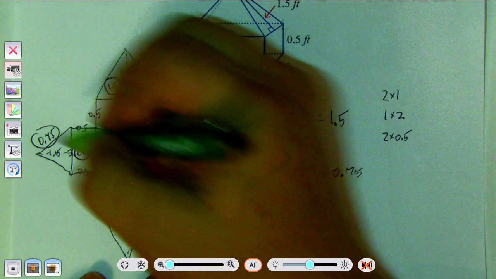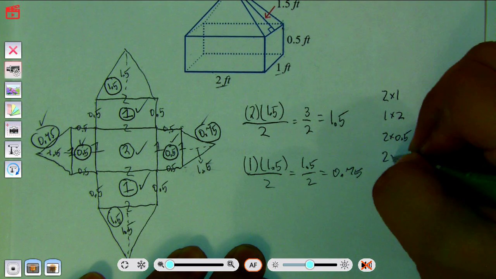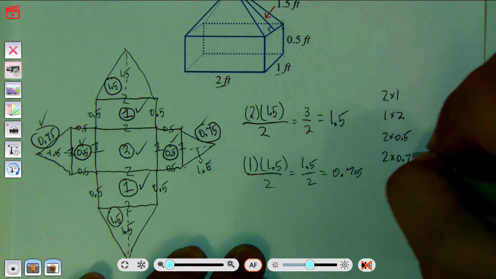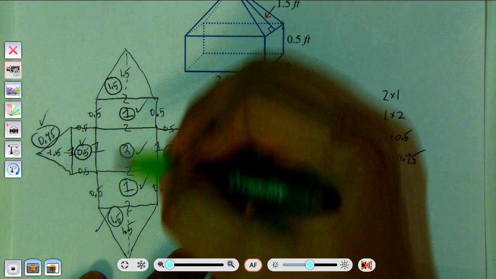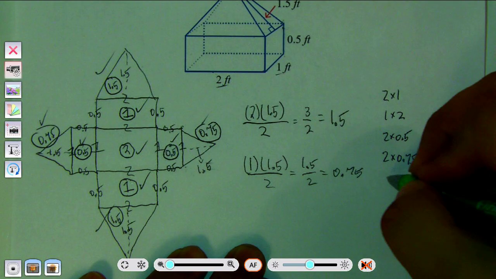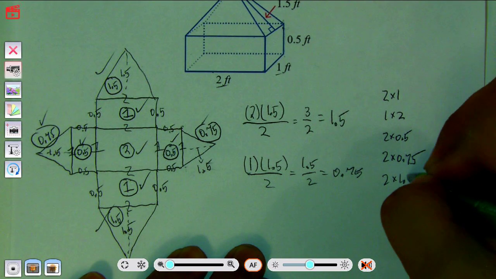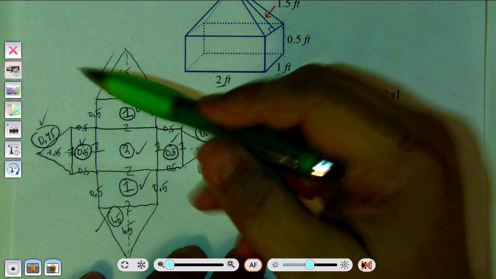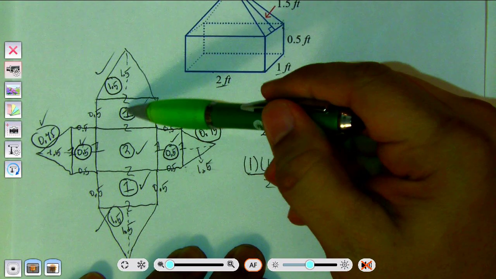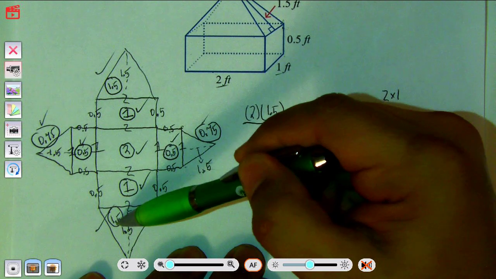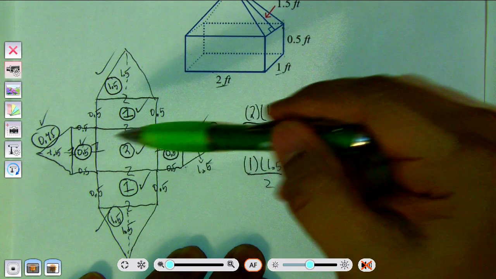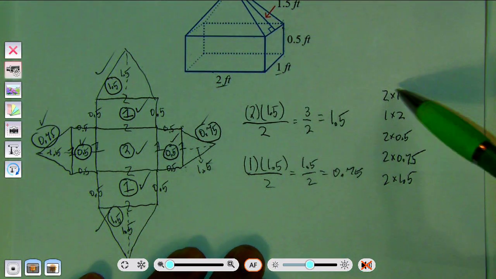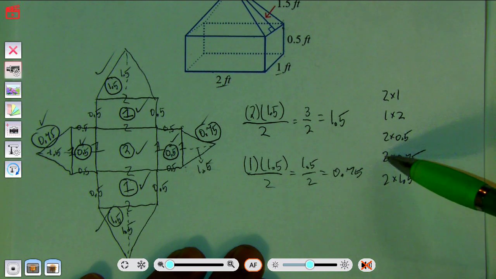We have 2 0.75s. And we have 2 1.5s. We should have 1, 2, 3, 4, 5, 6, 7, 8, 9 faces to this.